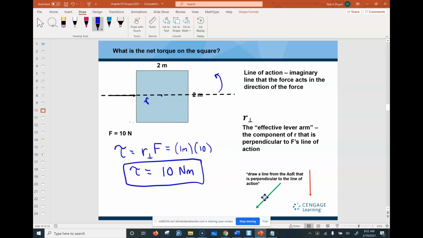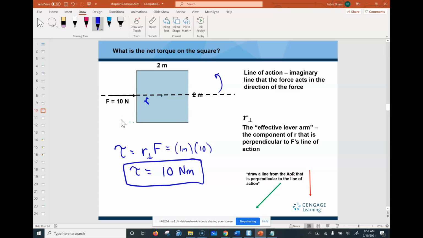And here. So let's say I just have the box. Now you might be able to see it. So, the force is still 10 newtons.